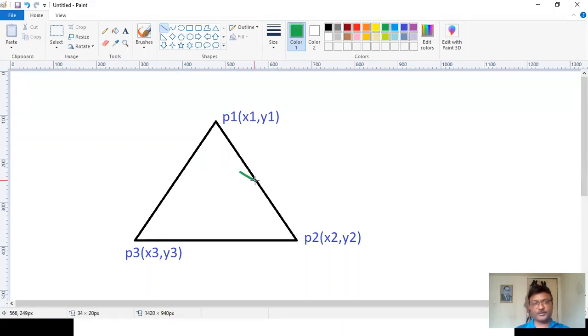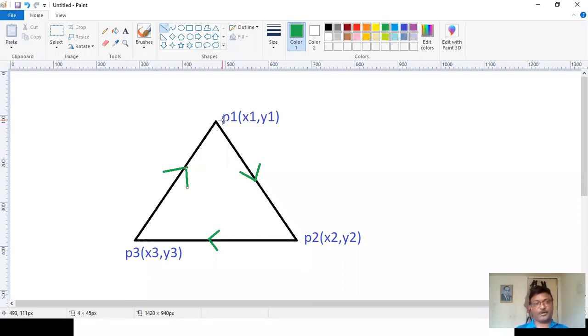This is my first line that I draw, P1 to P2. Second line I have to draw P2 to P3. Now the third line I have to draw again by using P3 to P1. So that is going to complete my polygon drawing.